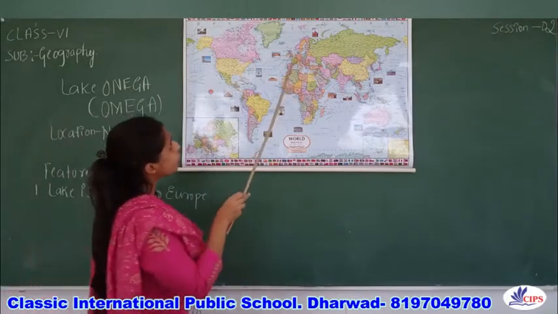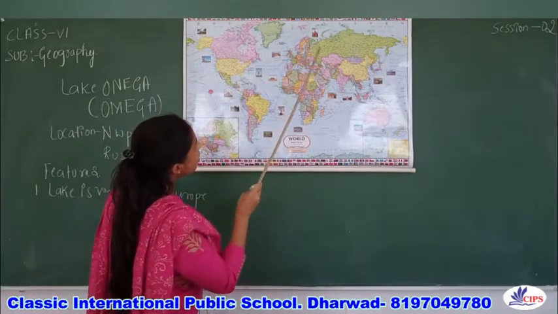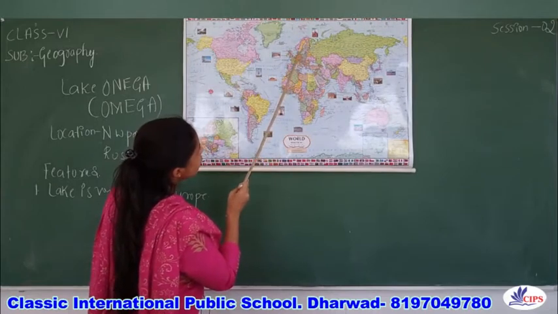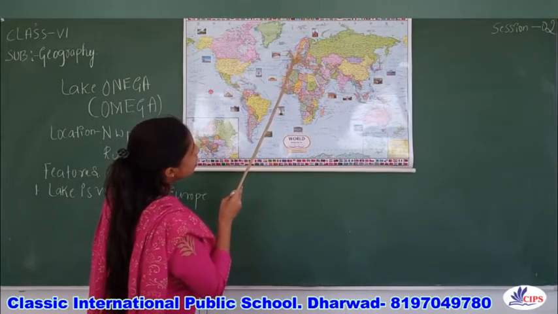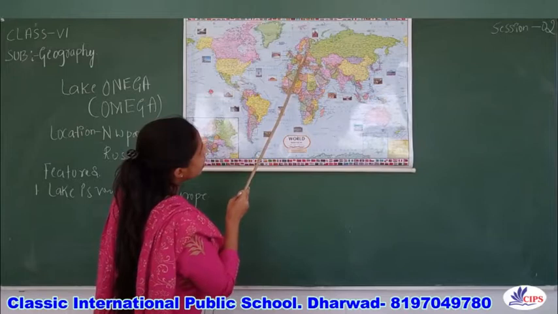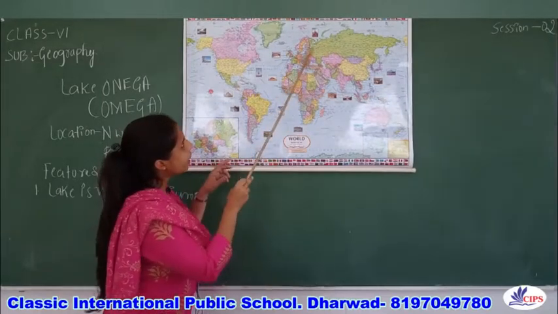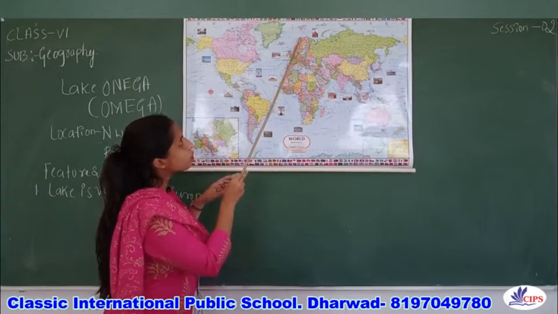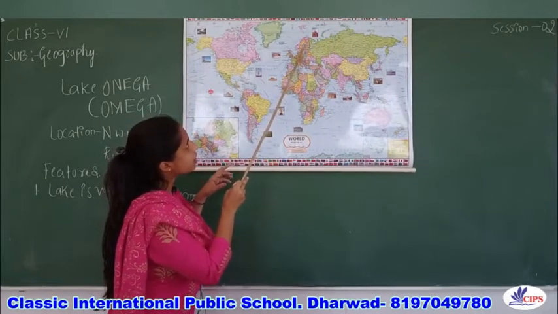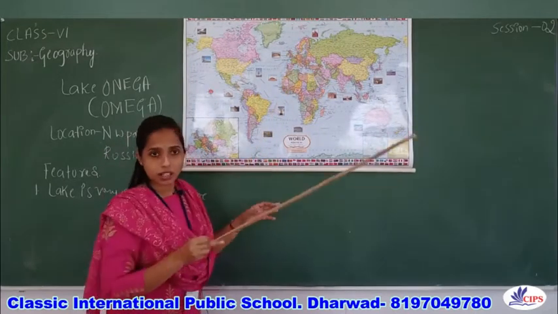See, this is our European continent. Here are the countries of Finland, Sweden, Denmark, Germany, Poland. These are some of the countries of Europe. And this Lake Onega is very near to countries like Finland, then Sweden, Denmark, etc.